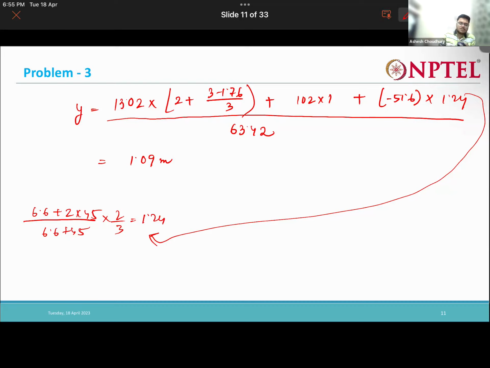It's okay, the little difference you can check later.